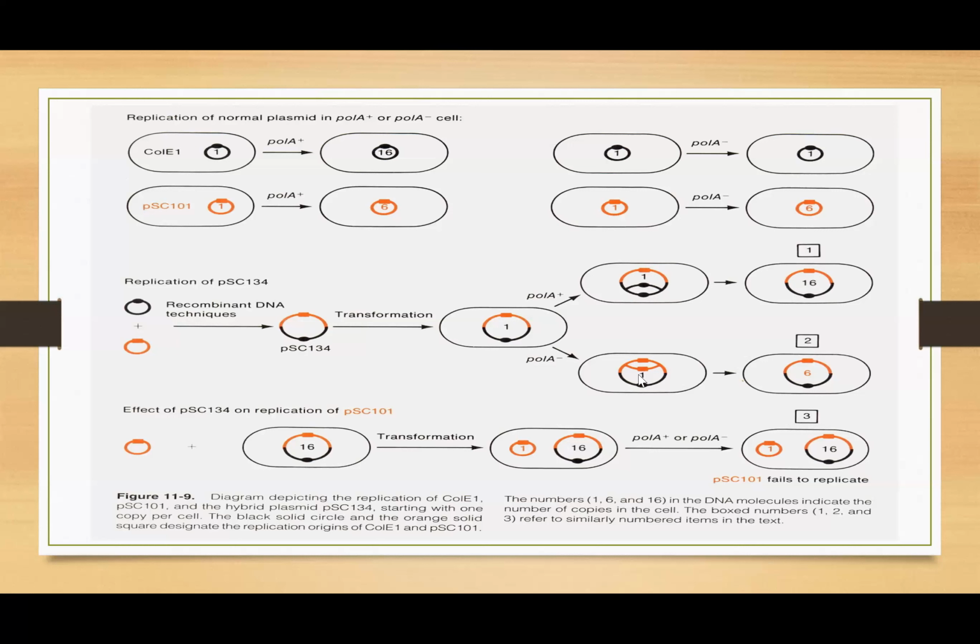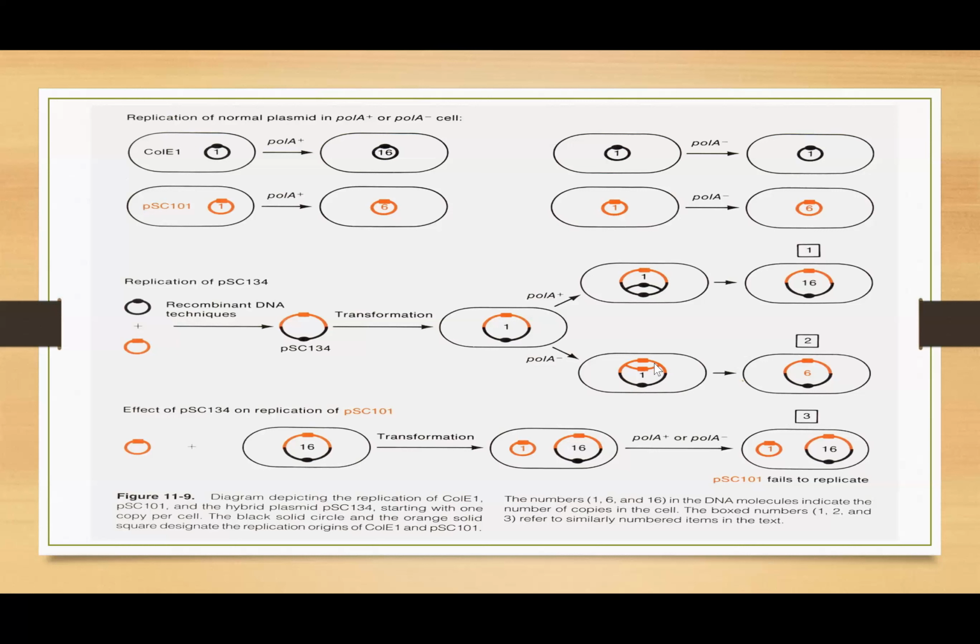Now, when it moves to the mutant, which is the Pol A minus mutant, plasmid replication doesn't take off here, but instead it takes off from the pSC101 origin of replication.